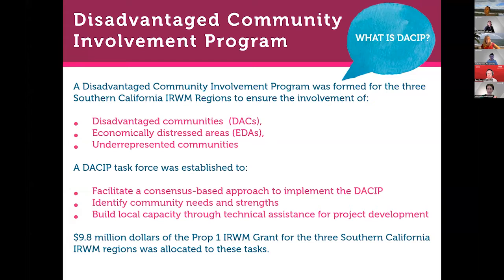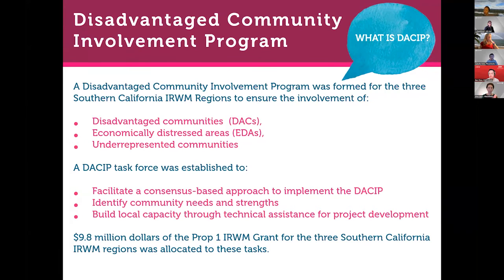So I wanted to talk a little about the Disadvantaged Community Involvement Program and how it's defined. The state uses specific definitions for DACs and EDAs, economically distressed areas. The state defines a disadvantaged community as a community with an annual median household income that is less than 80% of the statewide annual median household income.